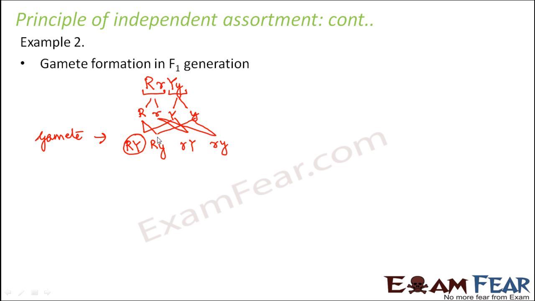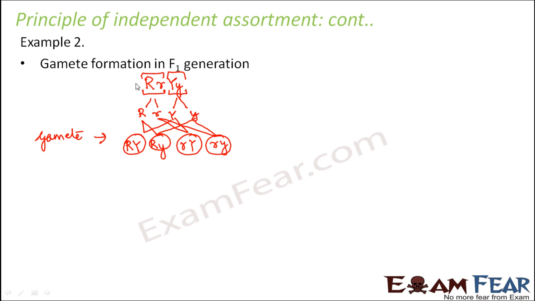If you see, each of these gametes has one representative of each trait, but at the same time, for this particular trait the allele segregated, and for this particular trait also the allele segregated, and they were not dependent on each other. Now when do we say that they are dependent on each other?